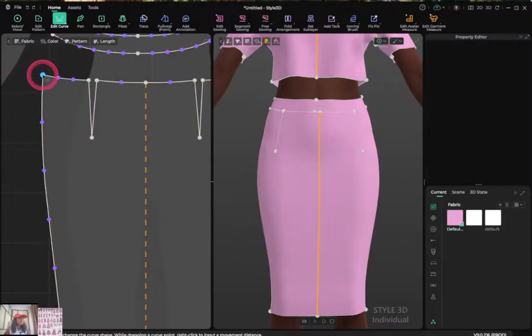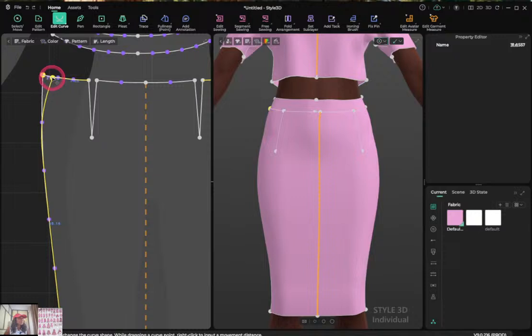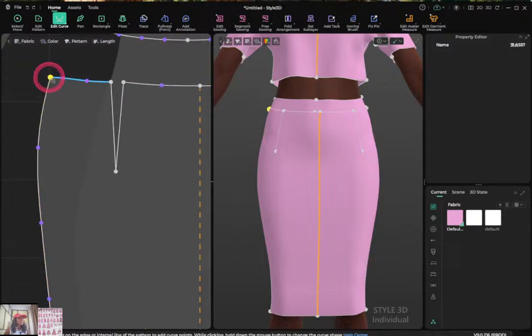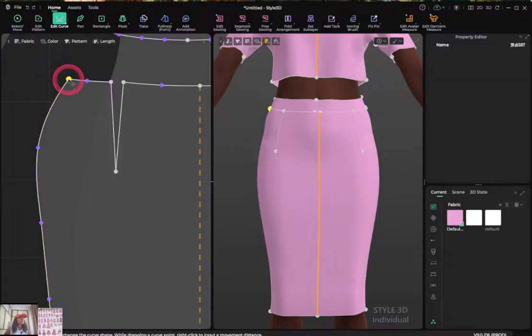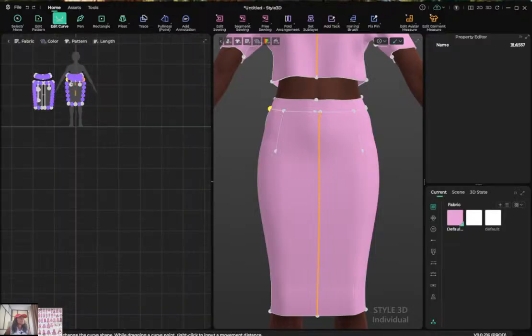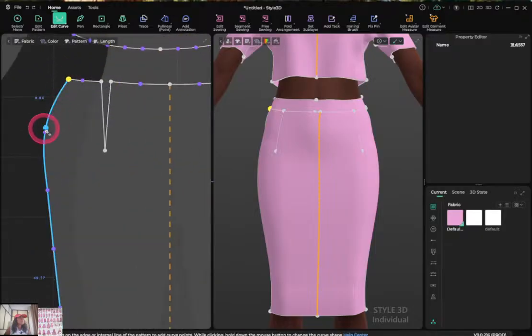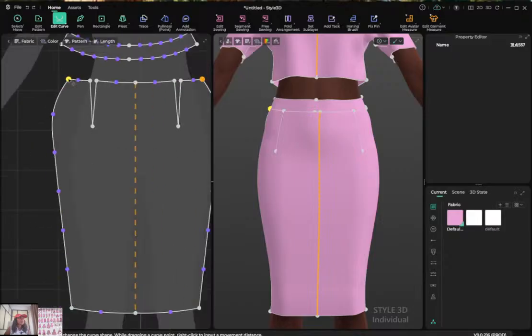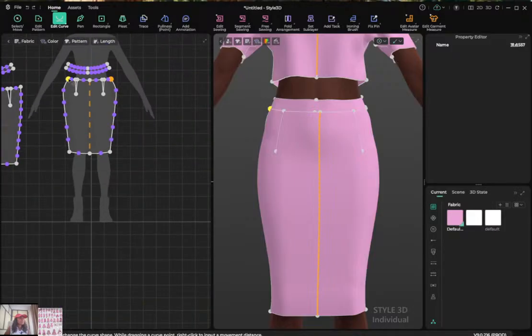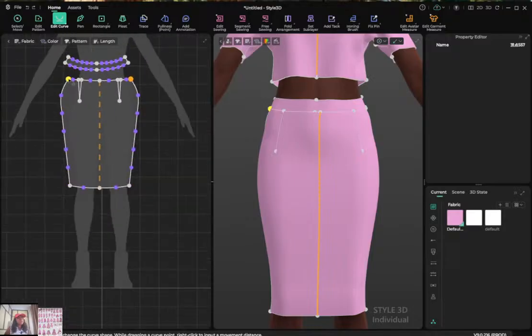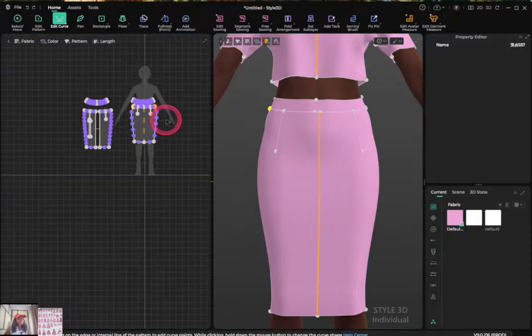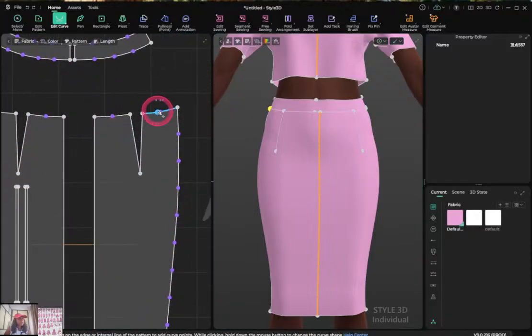Let's start with the corners, right? So I'm going to move this here, delete this corner. See? Okay. Now the skirt has, let me do the same for the back.